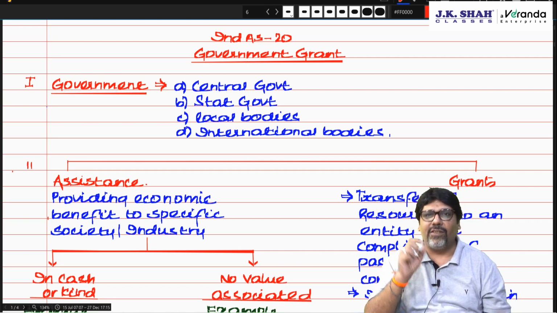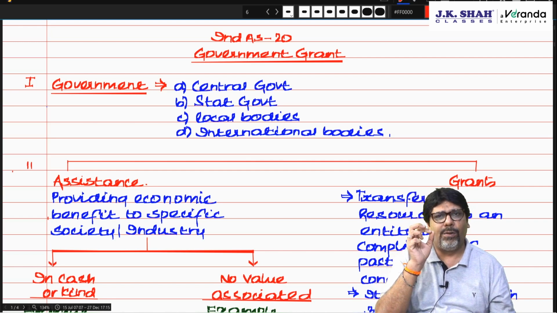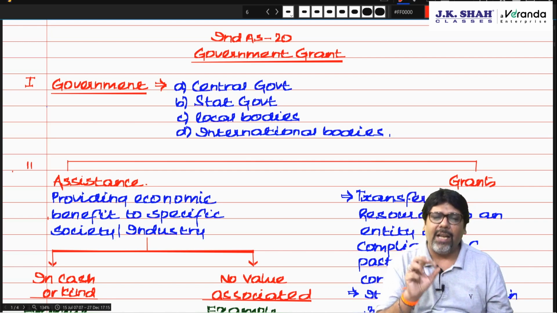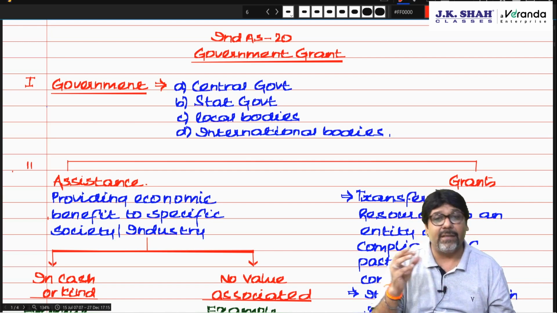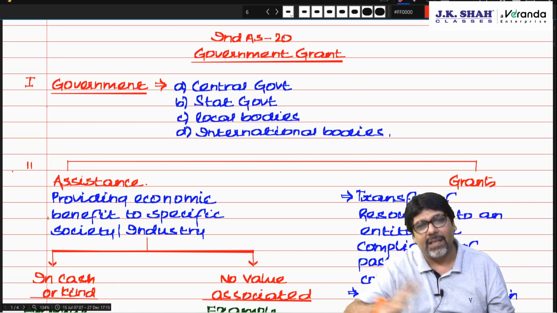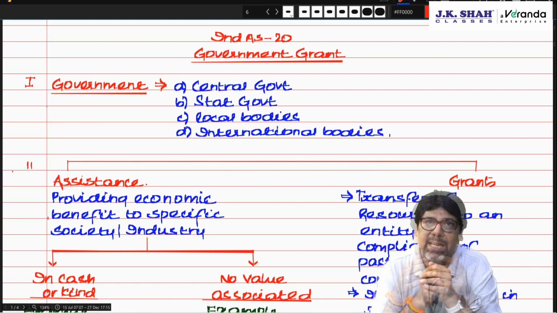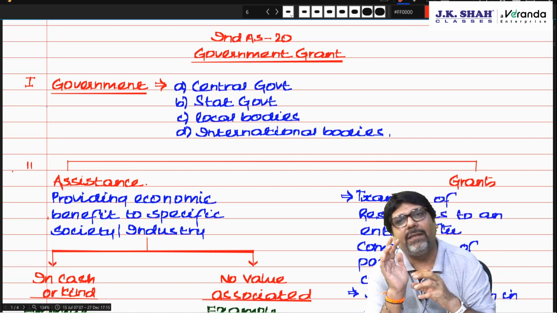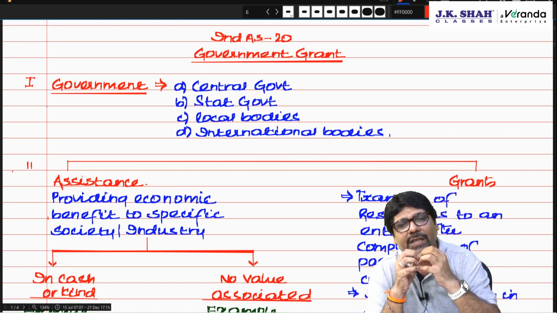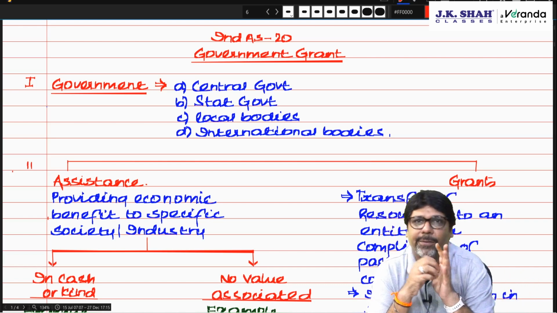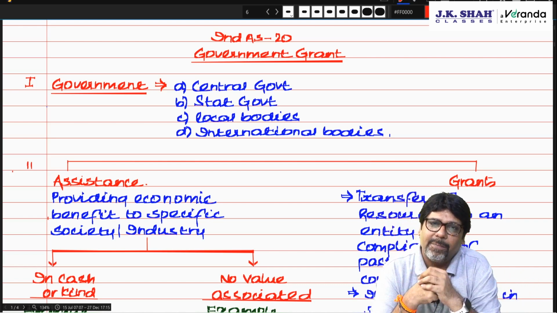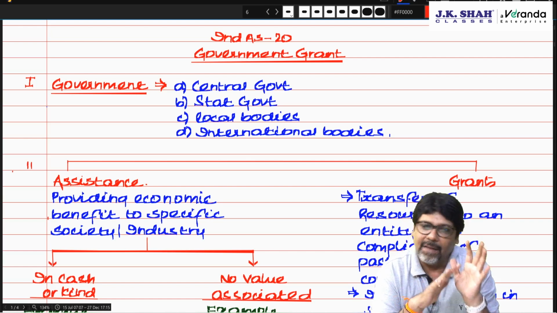Am I clear? That is not provided to any specific entity on fulfillment of a condition, but this is provided to the industry at large. Like now it has come, employee linked scheme, ELI. That means government will pay one year of employee cost for you. So that can be valued in terms of money, and that should be accounted as government grant.